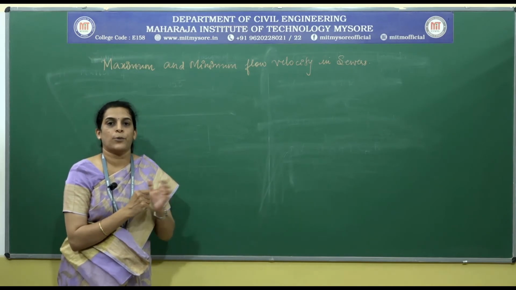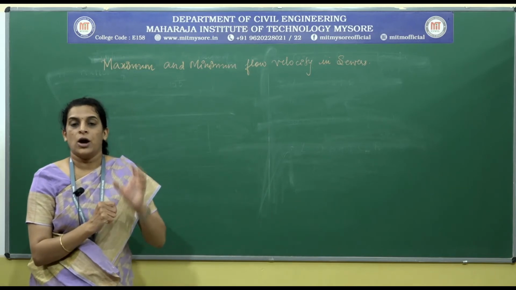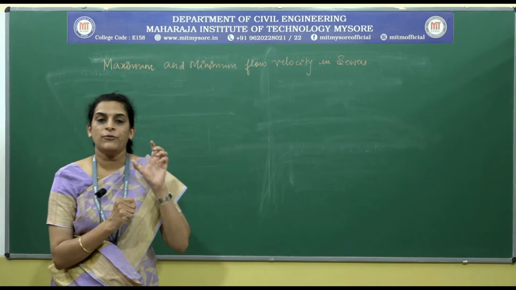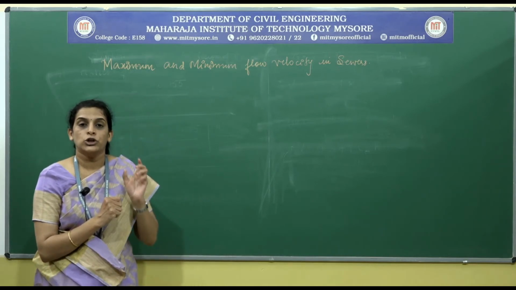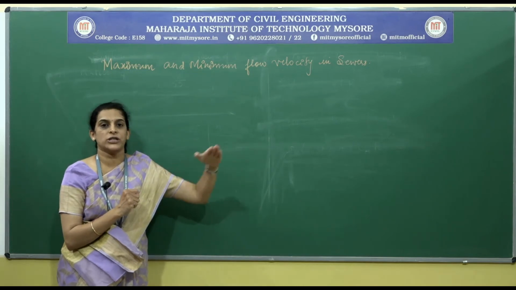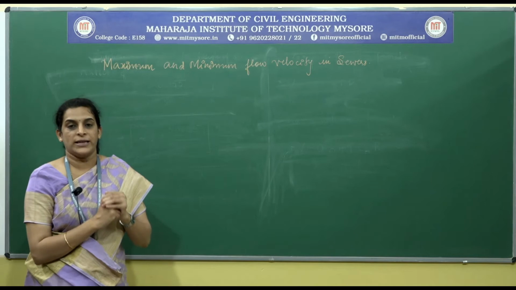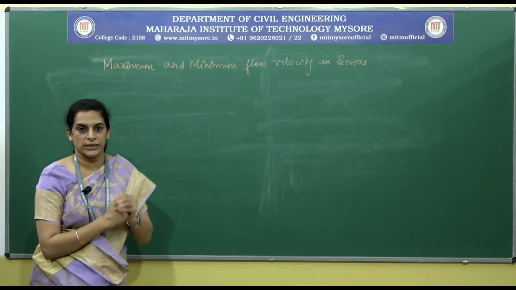To avoid this deposition of particles, we require a velocity. We require a minimum velocity or what we call as a self-cleansing velocity, so as to make those particles move away or flush away from that surface. That is what we mean by self-cleansing velocity.